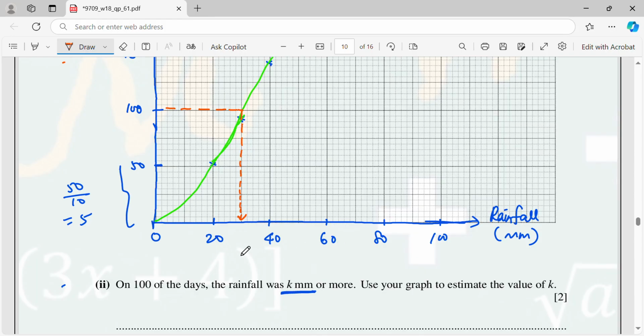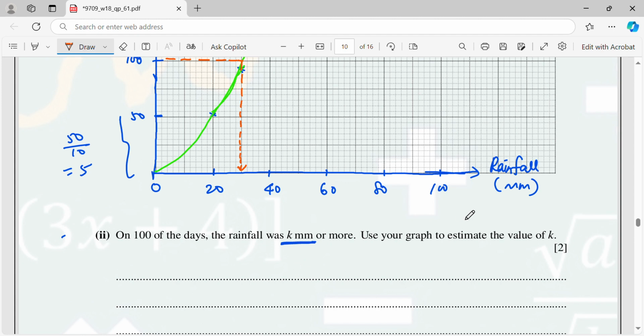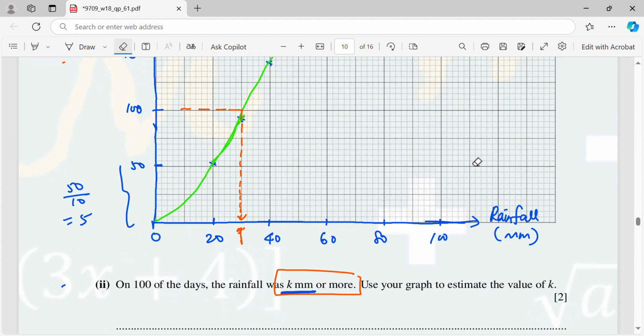On 100 of the days. Okay, wait. If I draw 100 over here, this value is less, right? This is more. That means I shouldn't draw 100. It should be the top 100. Okay, mistake over here.